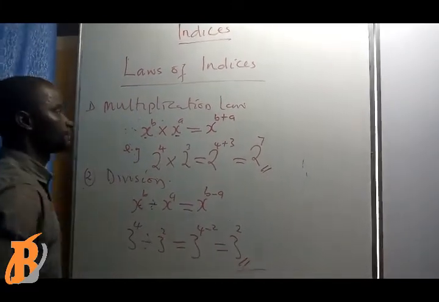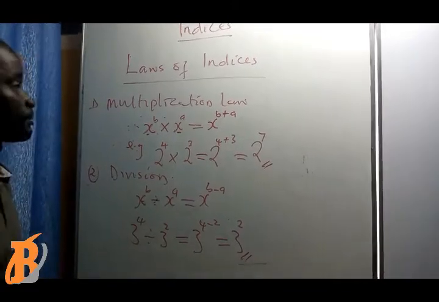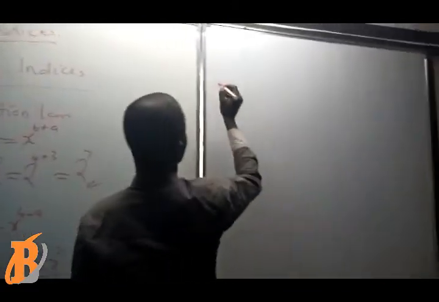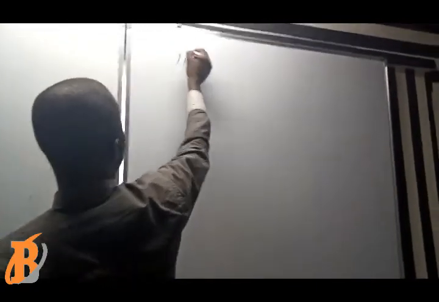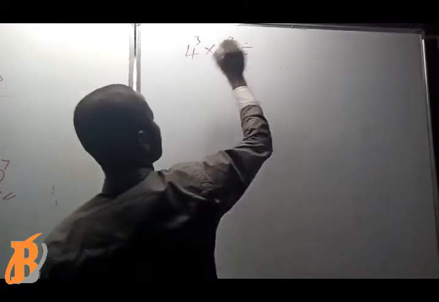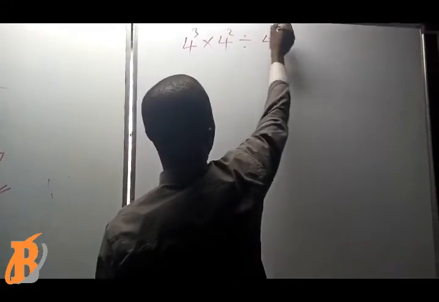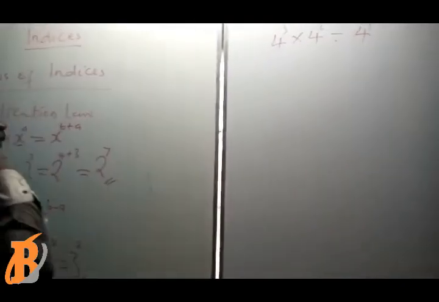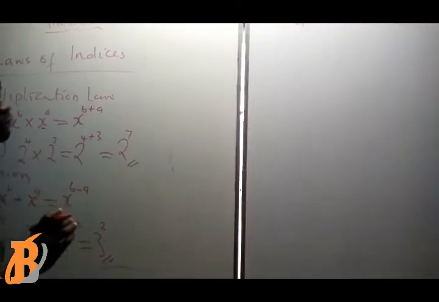Now let's combine these two laws in terms of a question. For example, when you have 4 raised to power 3 times 4 raised to power 2 divided by 4 raised to power 7. Let's apply these two laws to solve this question.